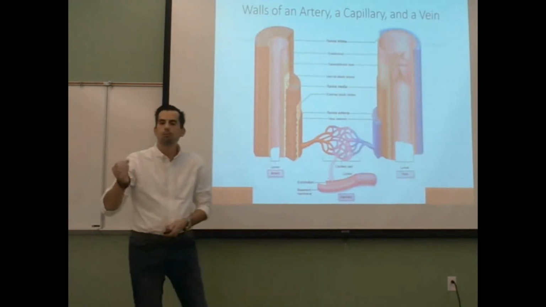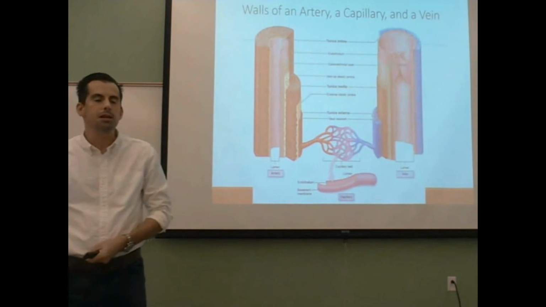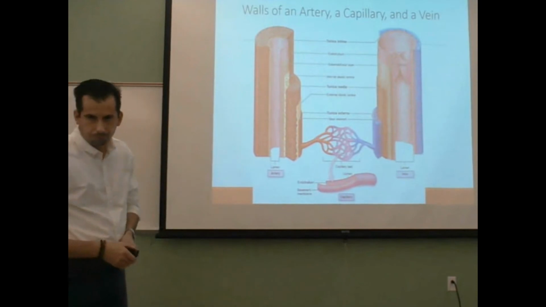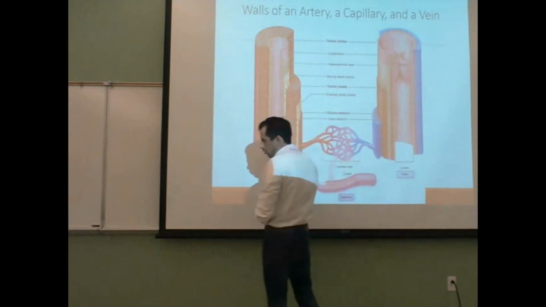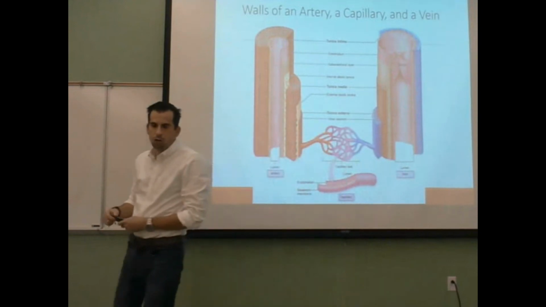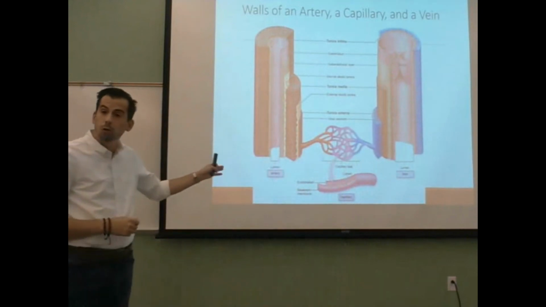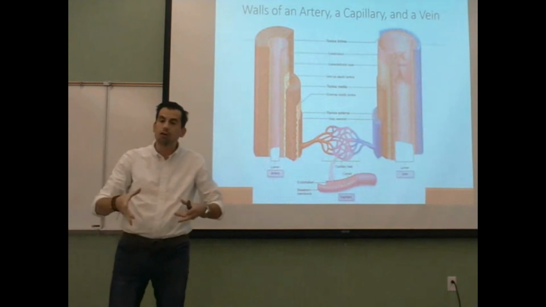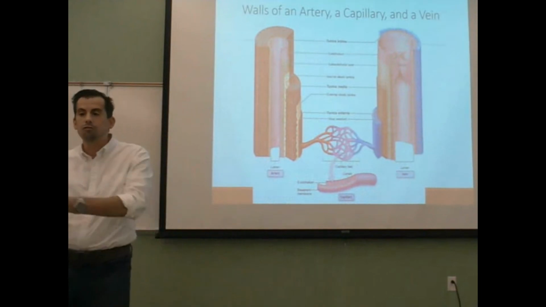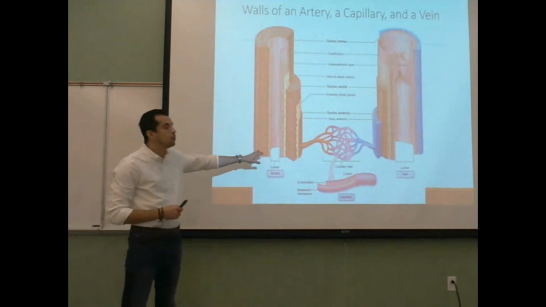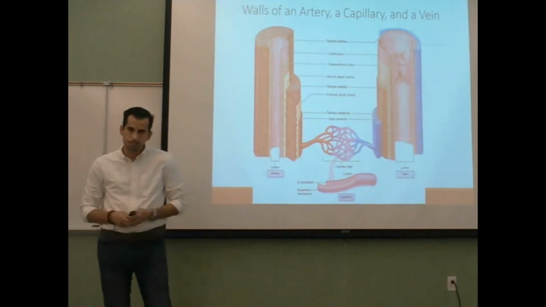Arteries have a much more robust tunica media than veins do. Veins are rather thin. Arteries, it's going to be thick. So generally speaking, because this tunica media is involved with constriction and dilation, whenever you hear those terms, vasoconstriction, vasodilation, we're referring to the actions of an artery.